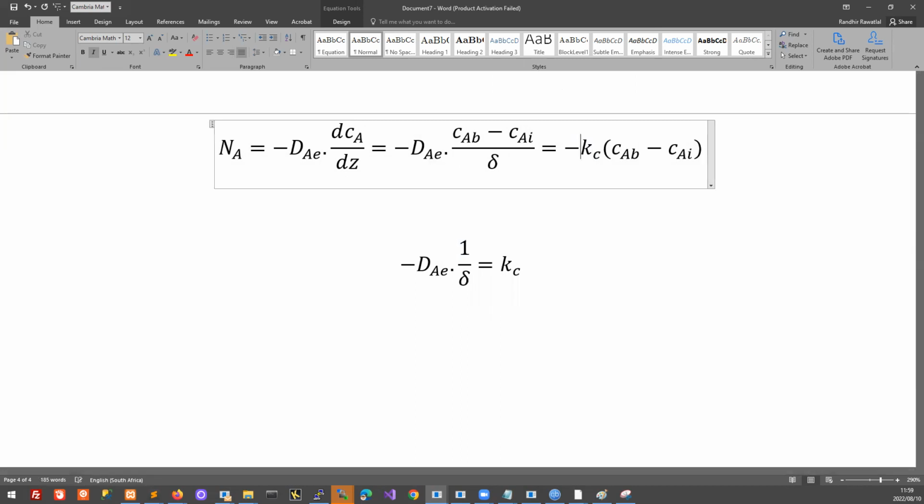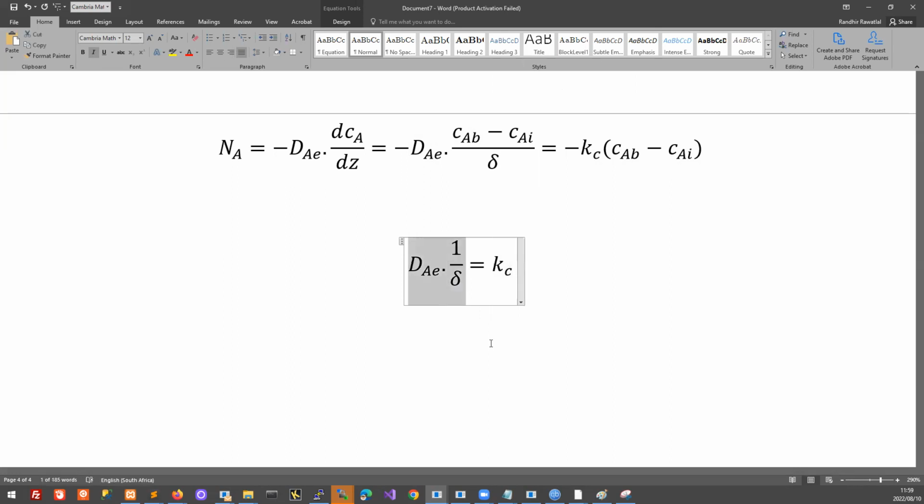We do want to keep the same direction. So that minus is going to cancel there. So then we have a nice relationship between our invented constant and the rigorously defined ones, the diffusivity and the film thickness. So we can calculate Kc.